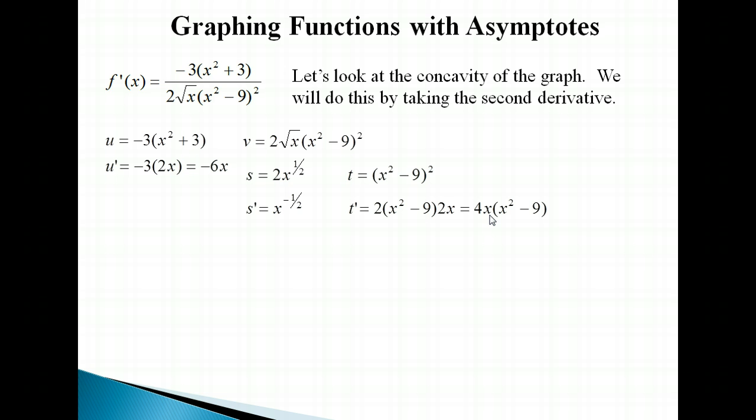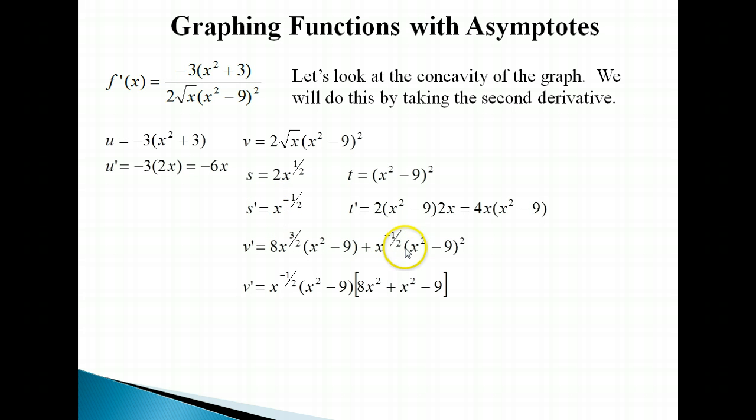Since this is a product rule, we're going to do uv prime plus vu prime, or in this case, s t prime plus t s prime. So we have 2x to the 1/2 times the 4x, which gave us 8x to the 3/2, times the (x squared minus 9). And then we're going to take this (x squared minus 9) all squared and multiply it by the s prime.